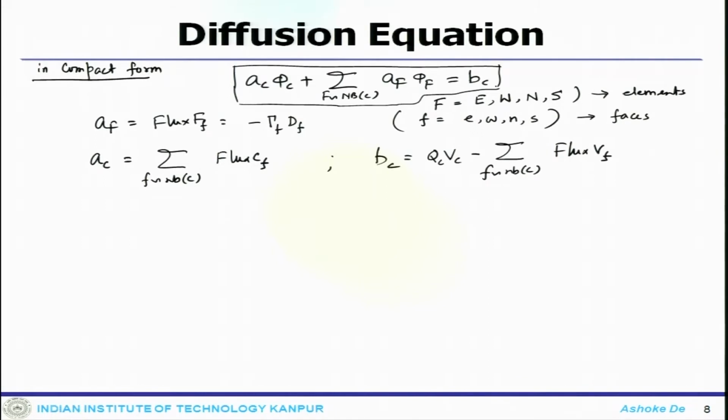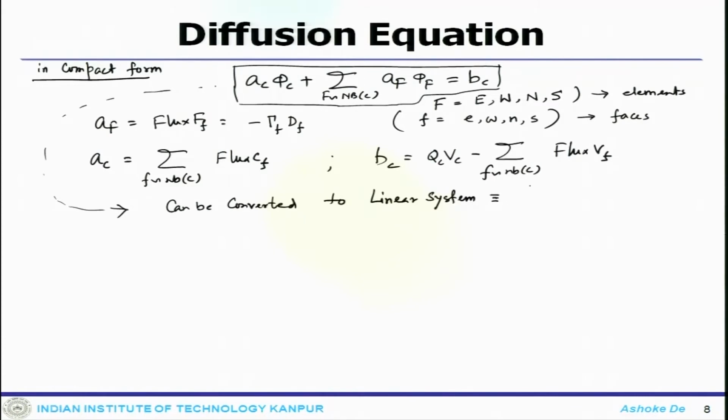Now, once you obtain this, you actually get the algebraic system, like this kind of system. These algebraic equations can now be converted to a linear system.